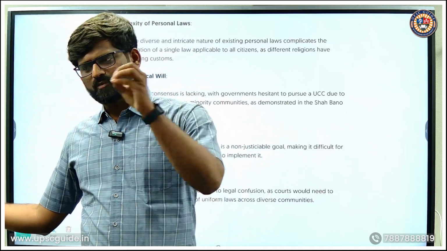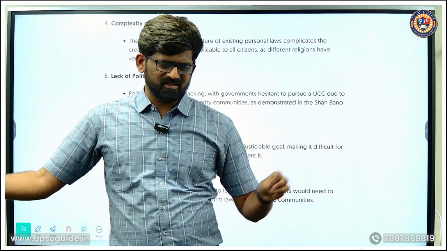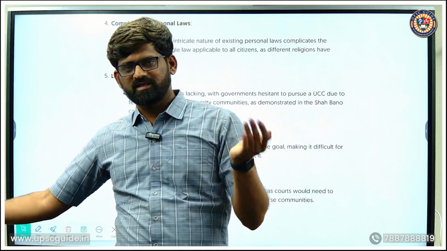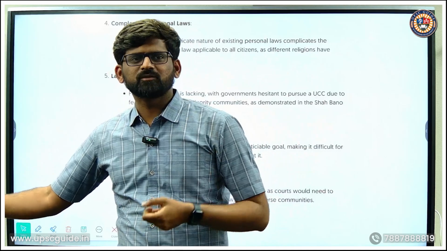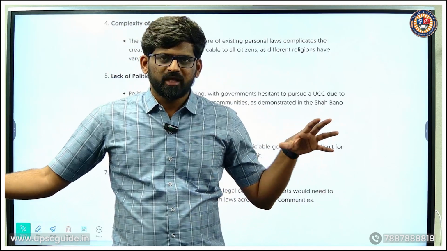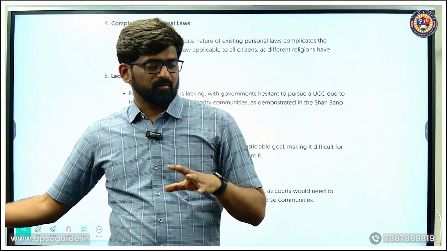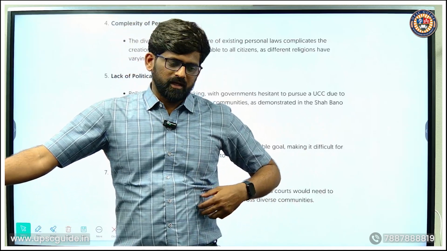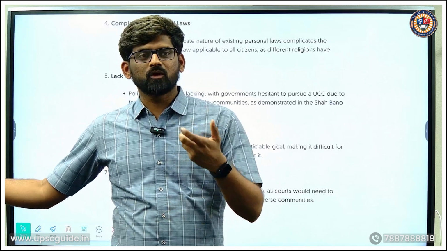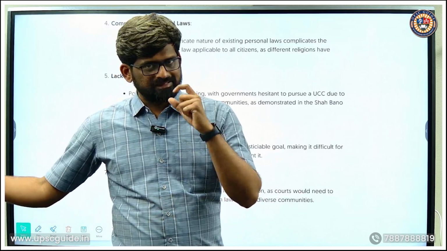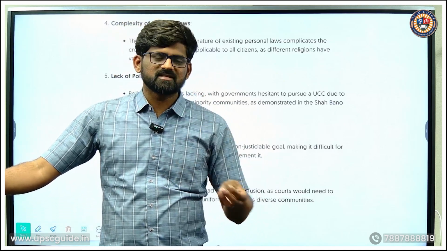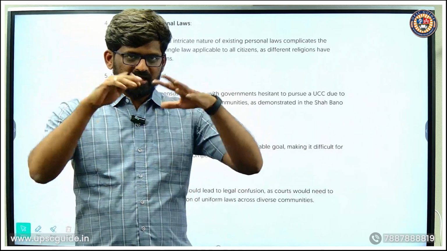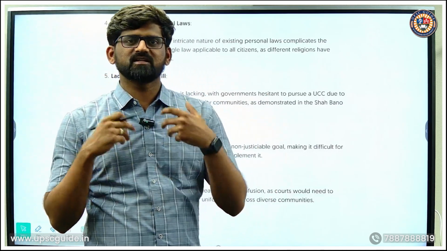Hindu religion has many sects and traditions, and Hinduism is different in South India, North India, East and West India. Muslims have their own sects within them. Other minority religions also have their own internal differences and practices. So the religions are not homogeneous in themselves, and it will be a challenging task to encompass all this diversity.